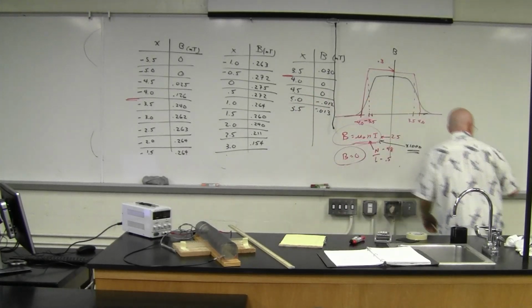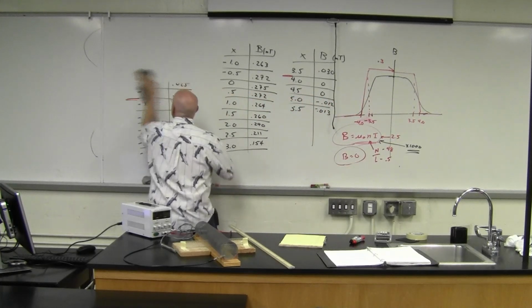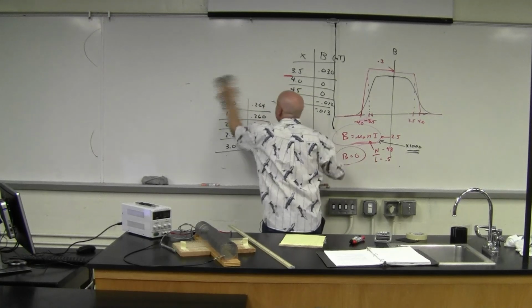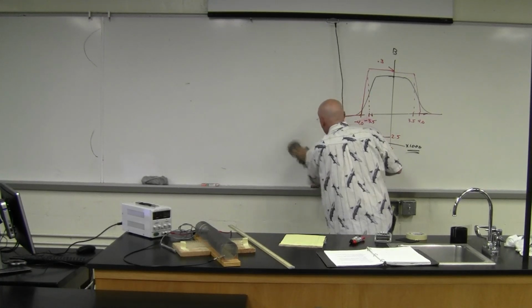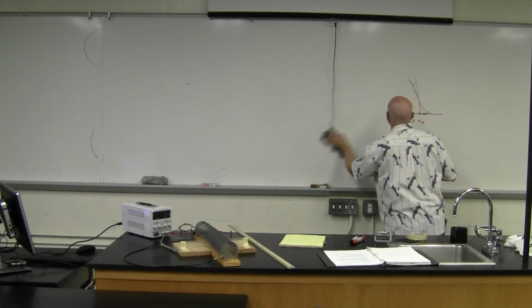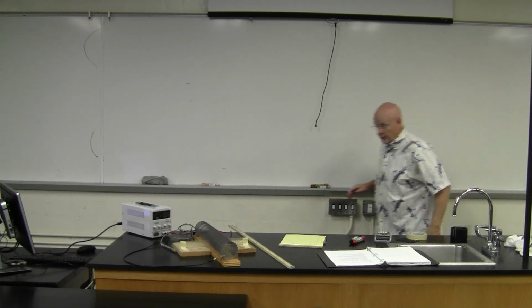All right, so now let me clear this off a little bit and get to the second one. And as you probably recall me saying, of our 5 experiments, the first 3 are using this solenoid. So I'm going to go into the second one, and I think I can probably turn around here on the board.